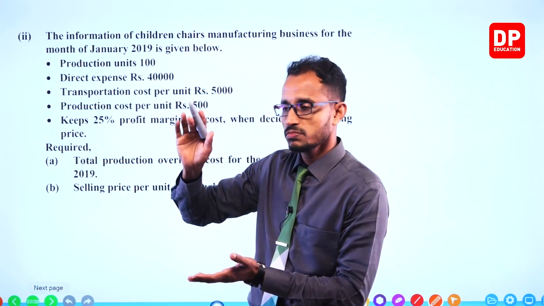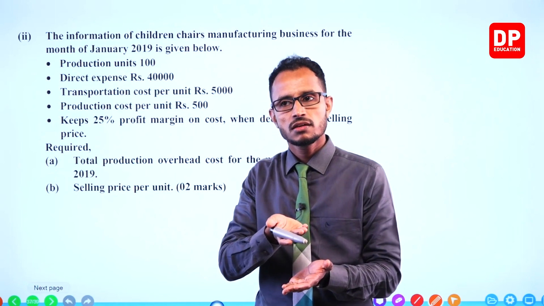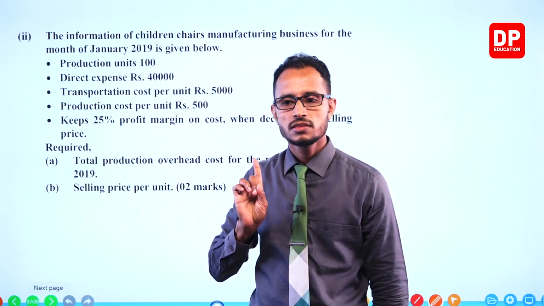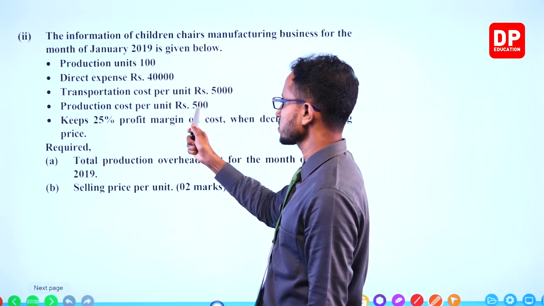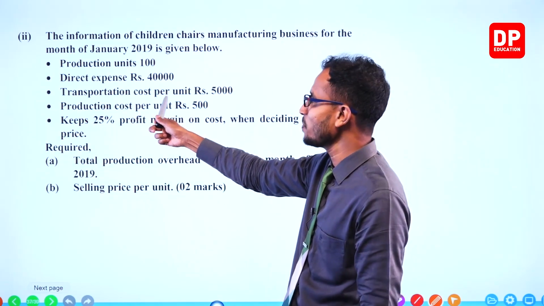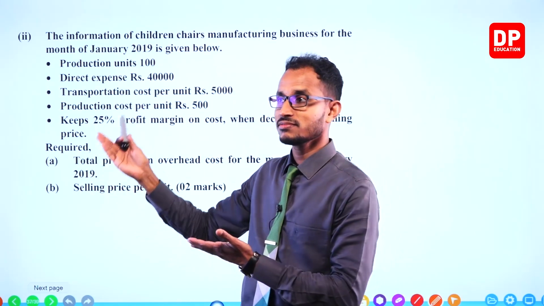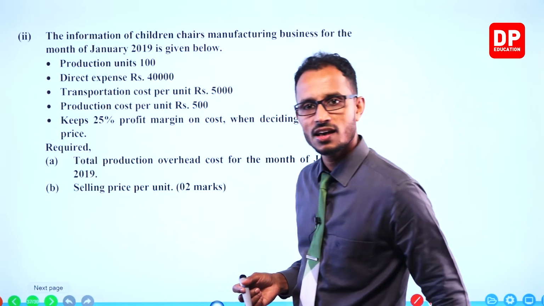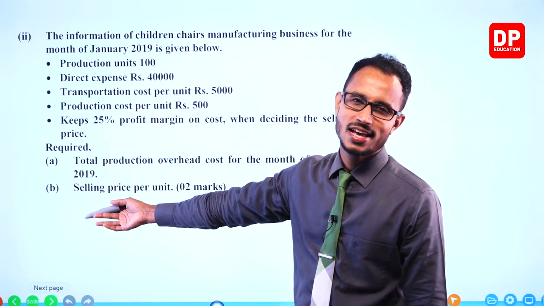That means for one chair, the cost of production is 500. And to transport that chair, it's 5,000. Transporting only one chair, they're spending 5,000. Are they transporting the chairs abroad? I don't know. It doesn't matter, okay? We'll just go to the question.